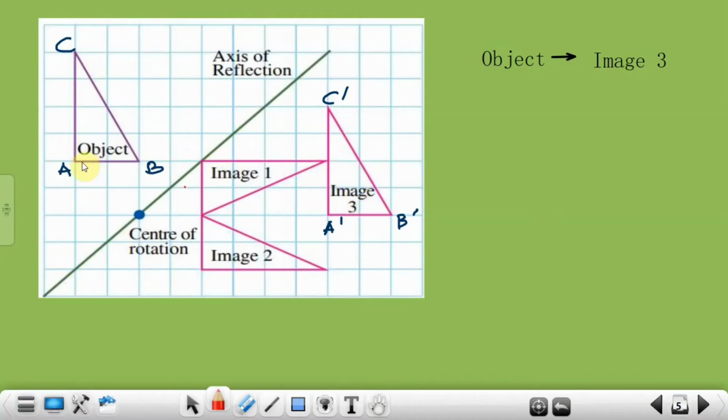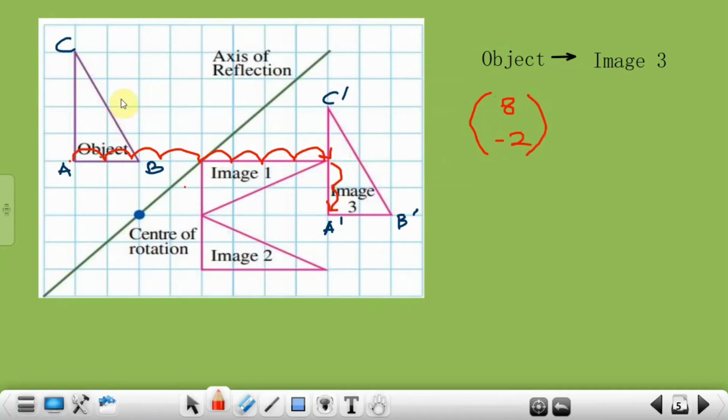How is A mapped to A prime? First of all, it moved to the right: 1, 2, 3, 4, 5, 6, 7, 8. So on the x-axis, it moves 8. And it goes down 1, 2, which brings it to -2.